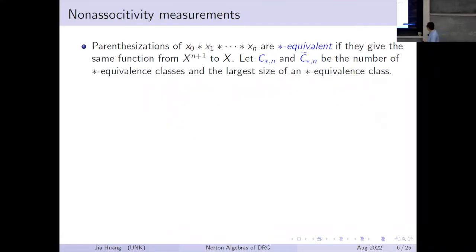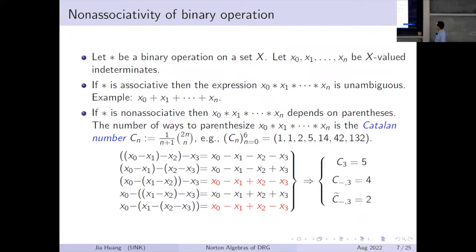Back to my example of the subtraction operation, we have 5 parenthesizations here, n is 3, and there are only 4 equivalence classes because those 2 red ones are equivalent. Those 2 give you the largest equivalence class, so C tilde would be 2.